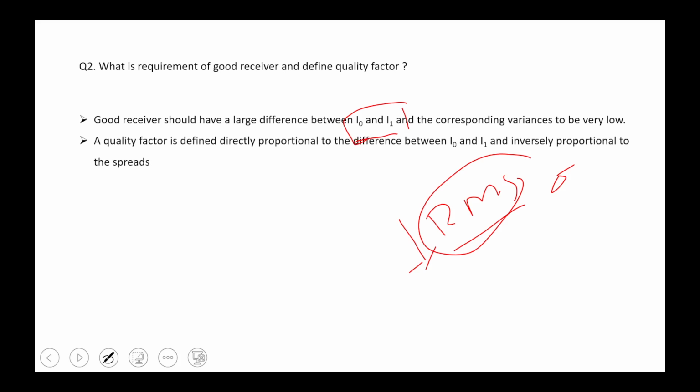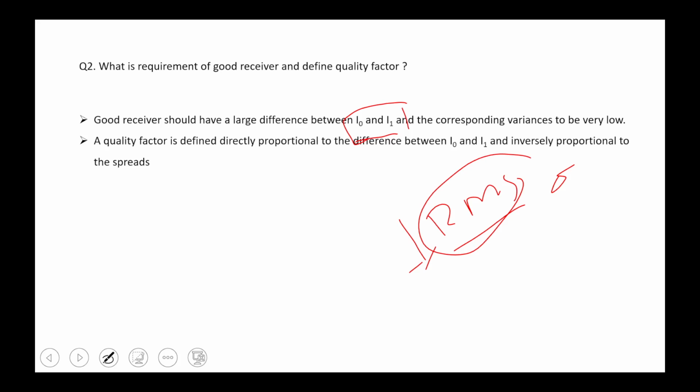Second, the quality factor is defined as the difference between I1 and I0, and it is inversely proportional to the spread. What is the meaning of that? Can anyone tell me the meaning of the quality factor? Inversely proportional means the spread of messages will be wide.